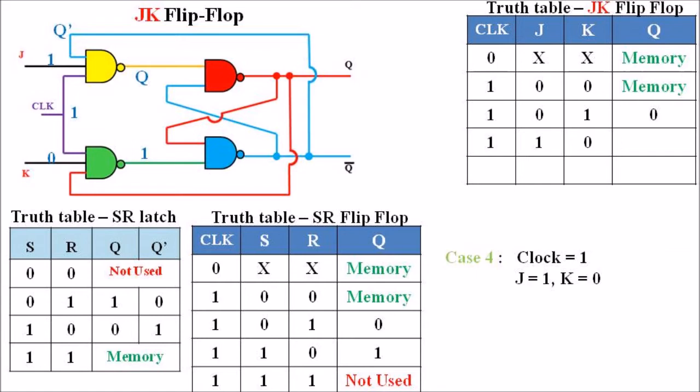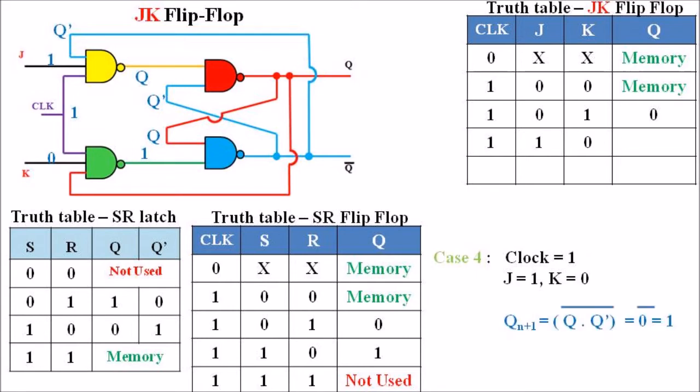So now the red NAND gate and blue NAND gate will decide the output of the JK flip-flop. The red NAND gate's inputs are Q and Q complement, and the blue NAND gate's inputs are Q and 1. If we consider the next state, that is the Qn+1 state, this depends upon Q dot Q complement the whole complement, since the inputs of the red NAND gate are Q and Q complement.